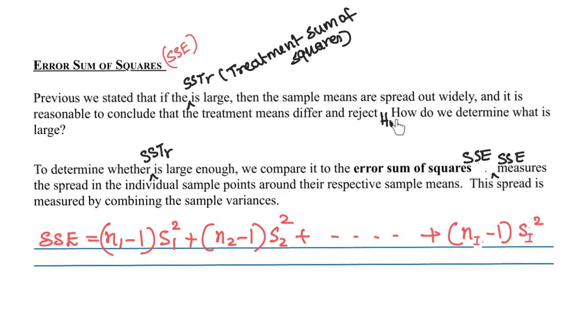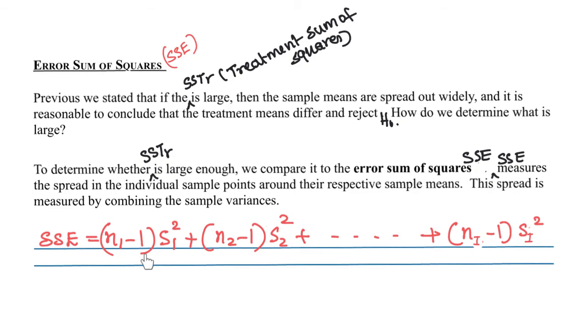To determine whether SSTR is large enough to reject the null hypothesis, we compare it to another sum of squares called the error sum of squares, or SSE in short. SSE measures the spread in the individual sample points around their respective sample means. This spread is measured by combining the sample variances.